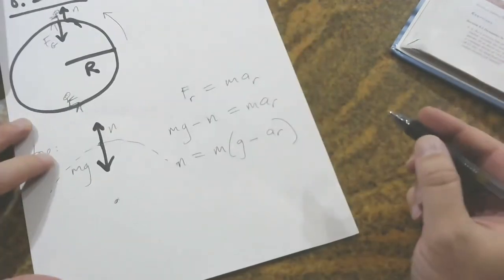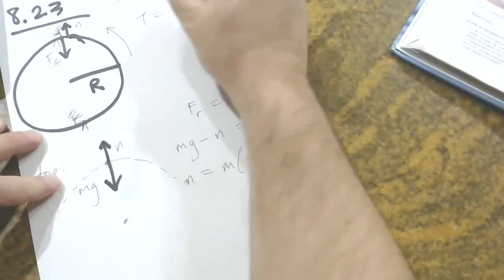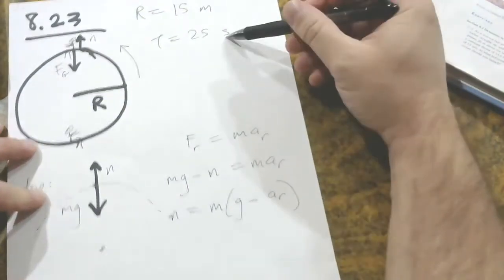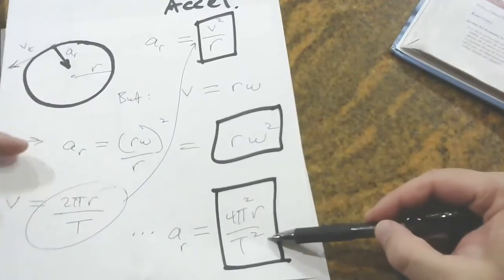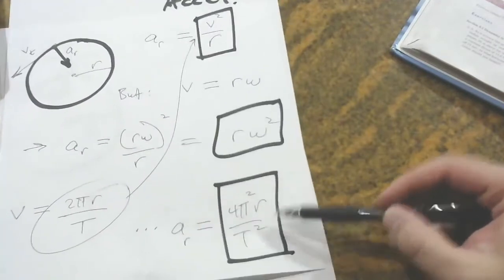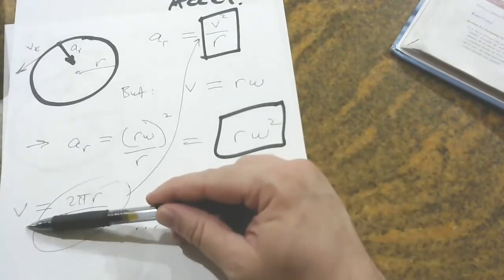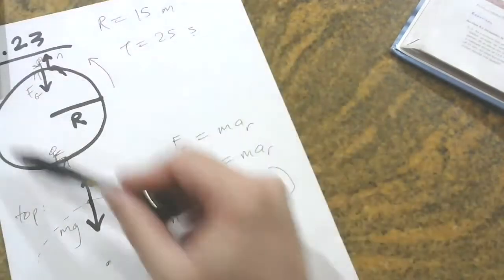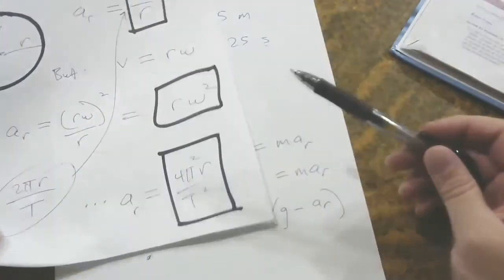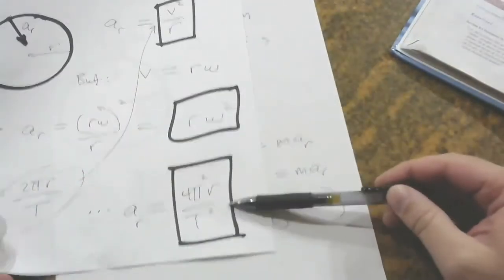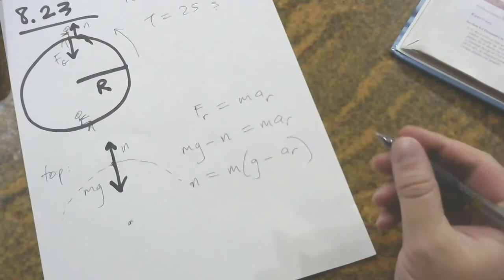Okay. So since I know the period and I know the radius, I'm thinking this would be the most convenient formula to use. I could plug R and T into this formula to first find the tangential speed as the passenger goes around, but it would be more direct just to plug the numbers that I have into here.